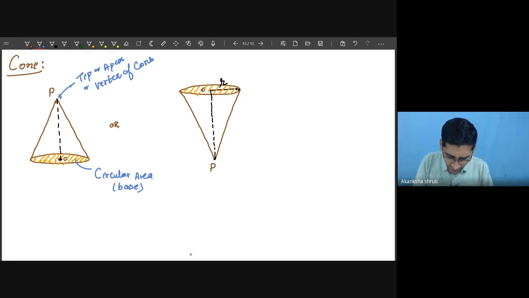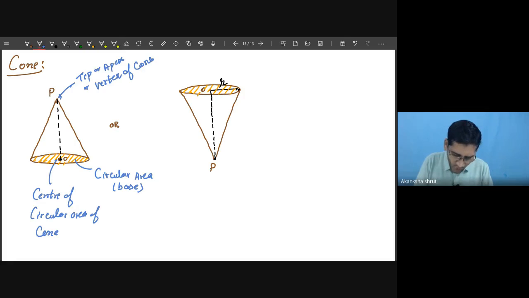Then O to P: O is the center of the circular area of the cone, and from the center you can draw the radius for this cone. Let me take a point A here. Then O to A is the radius of the cone.